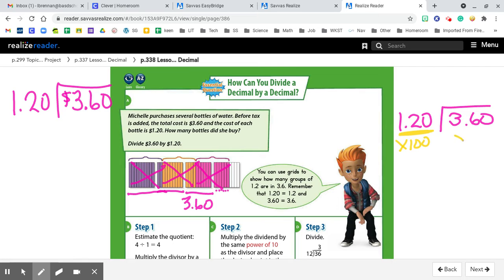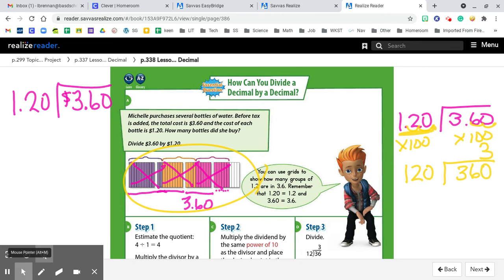Whatever I do to that side, I do to this side. So if I multiply this by 100, my decimal moves over and I wind up with 120. Multiply this by 100, divide it into 360. 120 goes into 360 3 times. So that's using the algorithm or using the model to help solve.